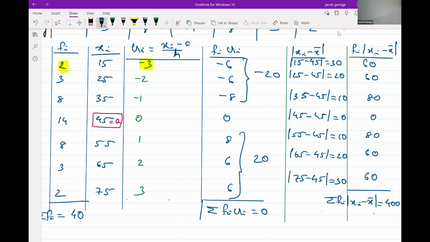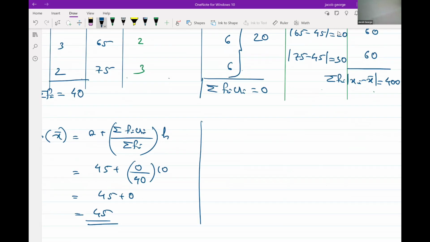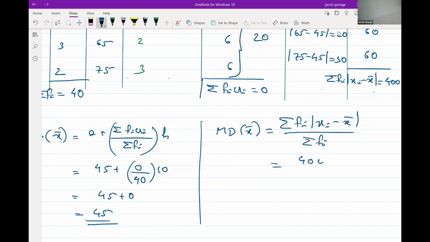Then write down mean deviation about mean. Mean deviation about mean is equal to MD in bracket x bar, sigma fi into modulus xi minus x bar upon sigma fi. That is equal to 400 by 40. What is 400 by 40? This is the answer.